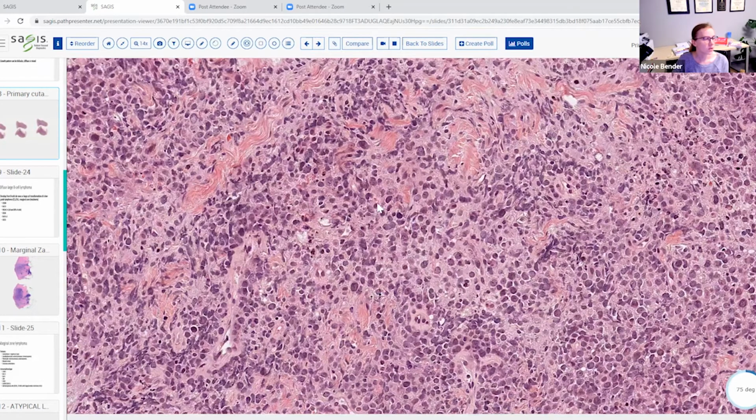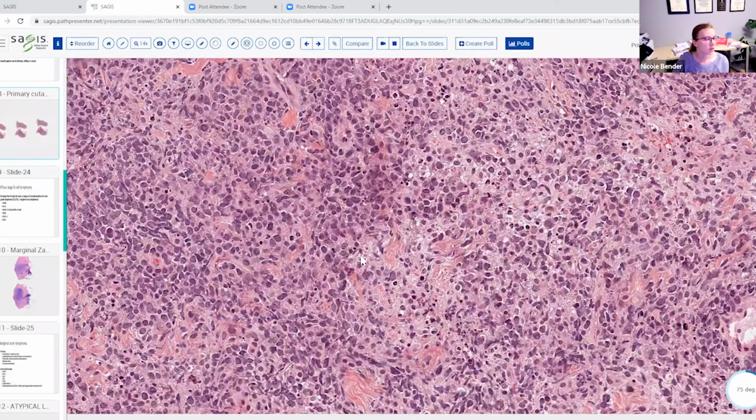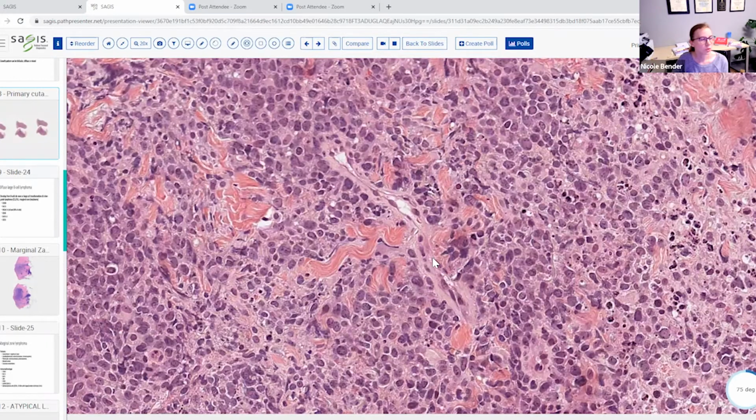So for me, when I'm trying to decide the size of these cells, it can be helpful to find normal cells that I'm comparing them to. So if we look at endothelial cells, a normal mature small lymphocyte will be about 1/3 to maybe half of an endothelial nucleus, but these cells are the same size, if not much larger than the cell of an endothelial cell.